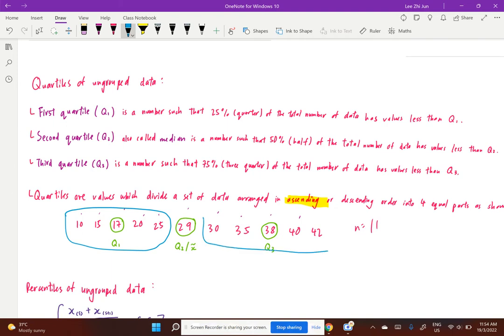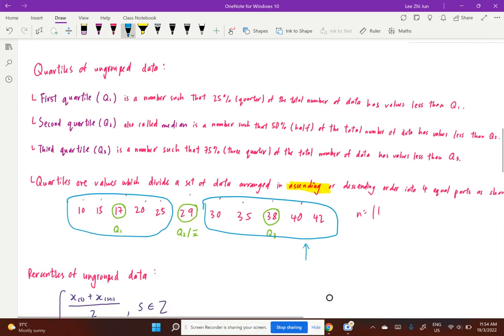The 29 divides this data into two parts. The first is this: 17 is the most middle, so 17 will be Q1. While on the right hand side, 38 is the middle one, so 38 is the third quartile.